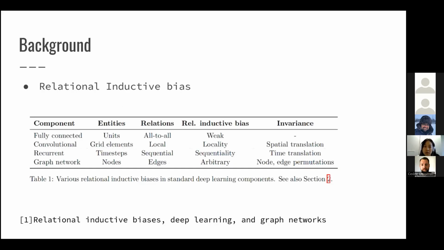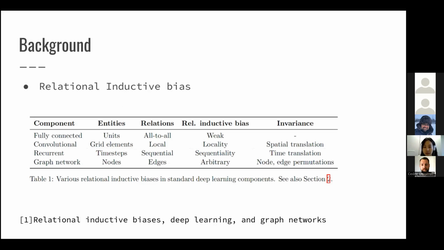And about the background, first is related to the relational inductive bias. As we all know, in the deep learning area, there are lots of layers. So different layers will have different inductive bias. For example, for the fully connected layers, the entity is the unit, so the relations is all to all.